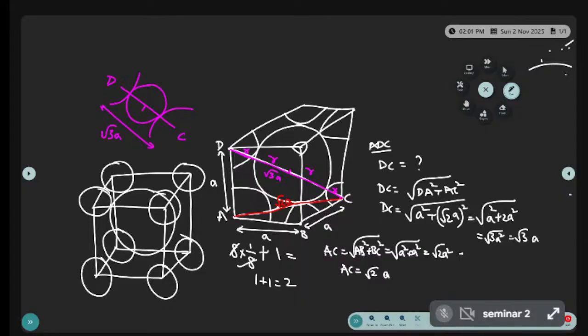Now R, R, R, R, how many? 4R. So 4R is equal to root 3A. Therefore R is equal to root 3 by 4A and A is equal to 4 by root 3R.